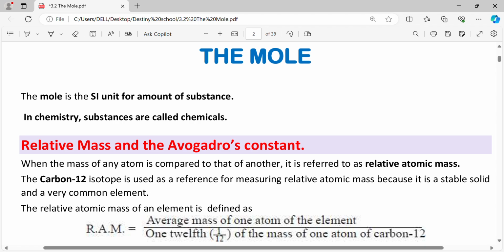Okay, so the mole. The mole is the SI unit for amount of substance. This is how it goes. I believe you have ever been to a cereal shop, and when you went to the cereal shop, there's no single day you have asked the shopkeeper to give you a single grain of rice.